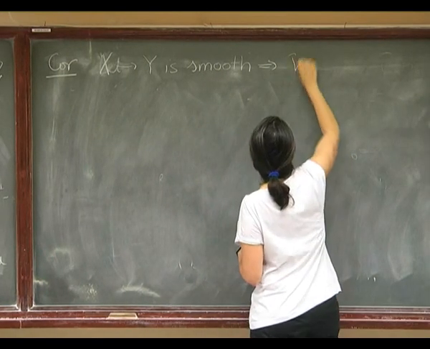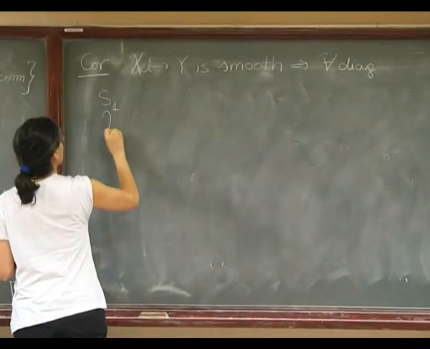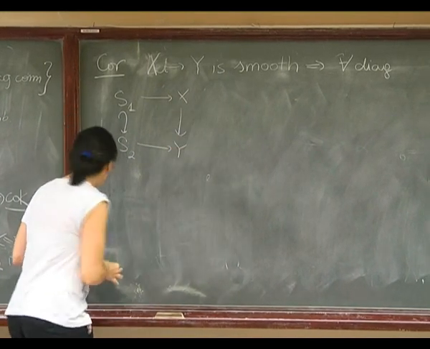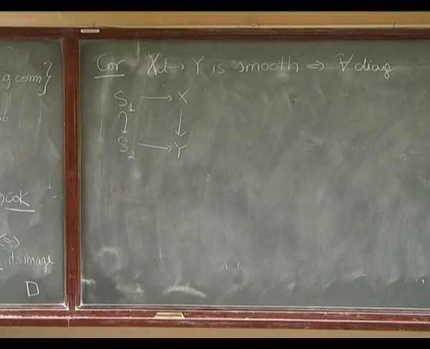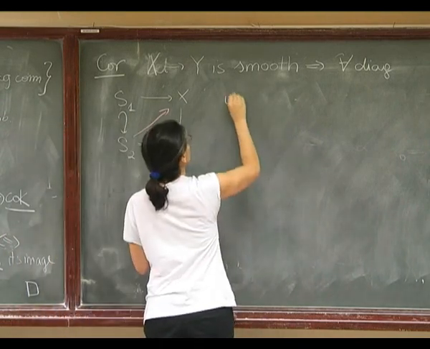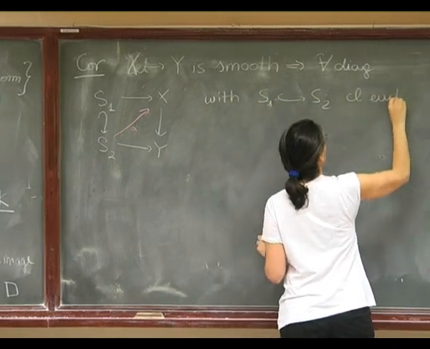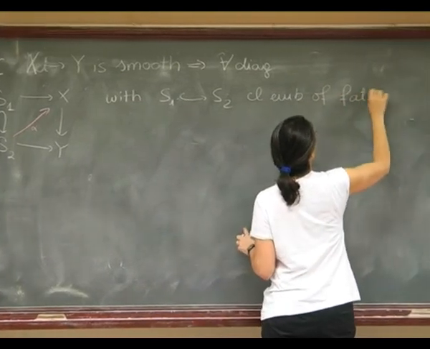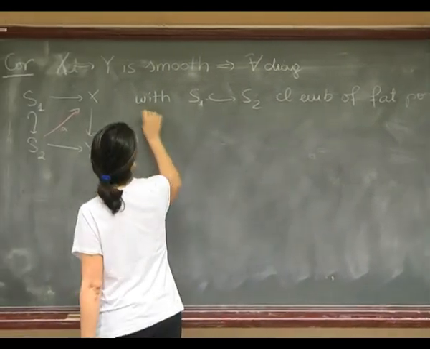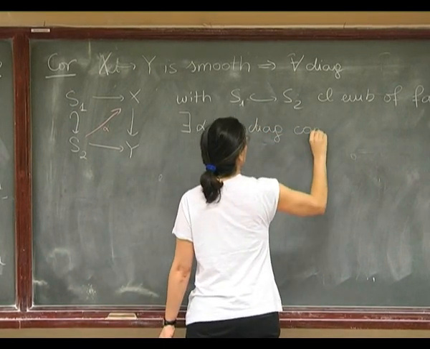that for any diagram with S1 in S2 a closed embedding of fat points, there exists an alpha such that the diagram commutes.